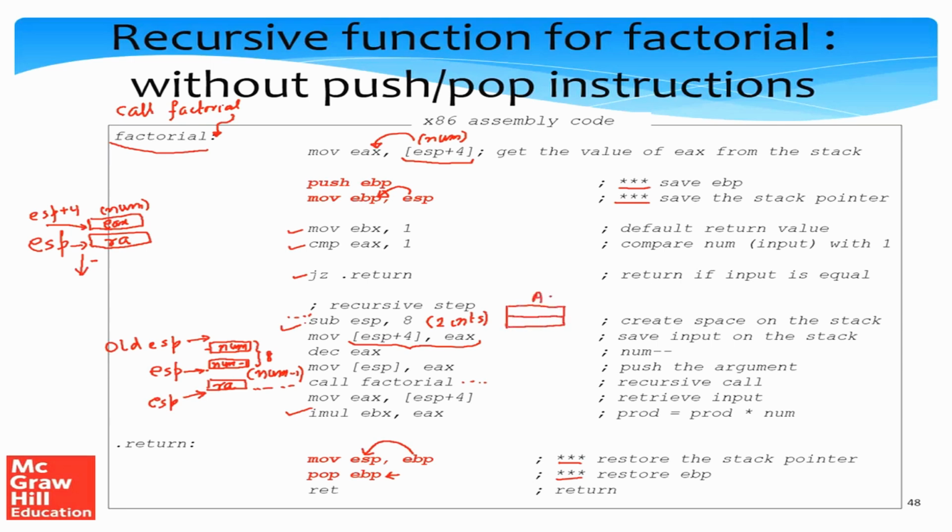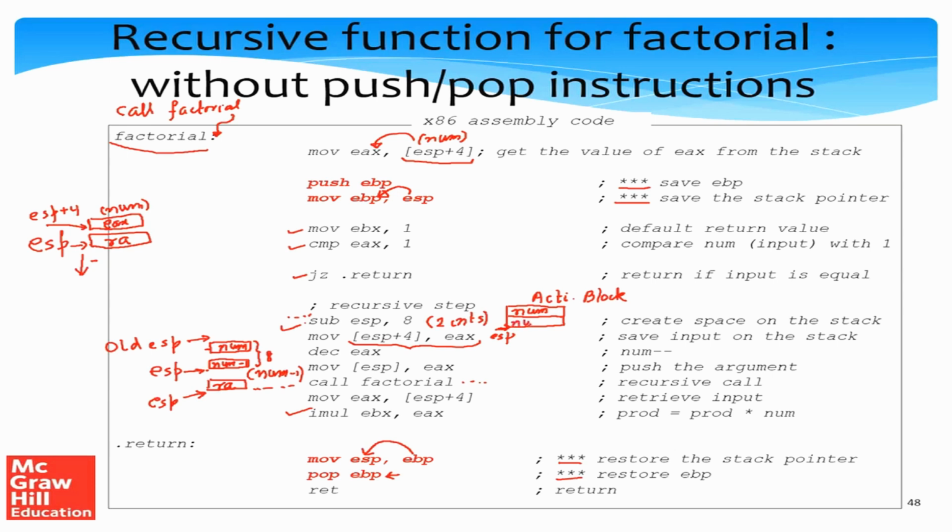So let me call it the activation block, with space to store two integers. One of them is at ESP plus 4. So the new stack pointer would point over here, ESP. One of them is used for register spilling. So we are spilling the value of EAX, which essentially contains the original number. The other one is being used to pass an argument to the next function that will be called.